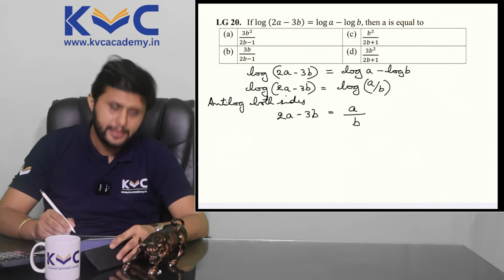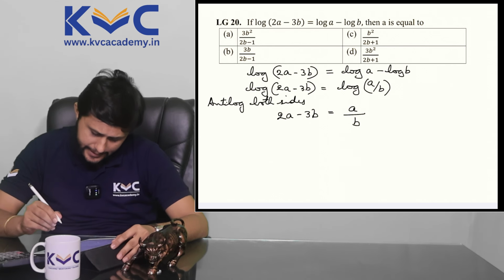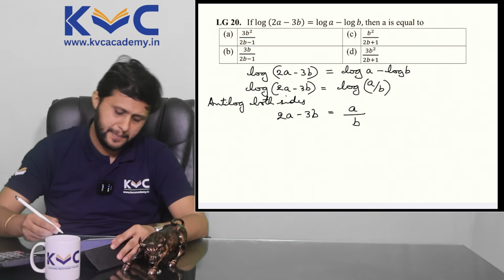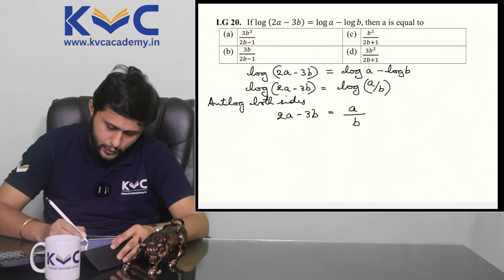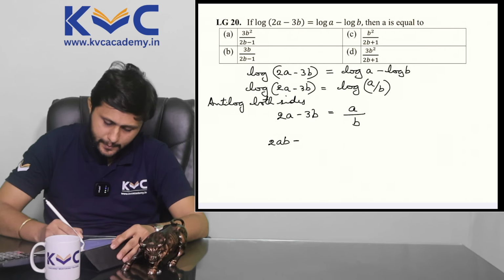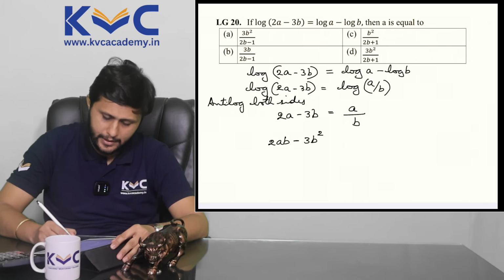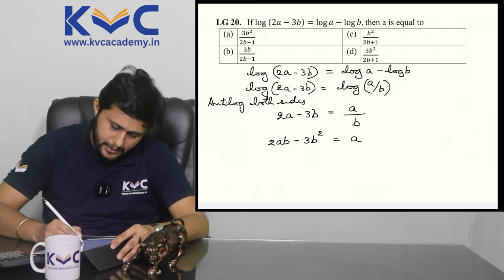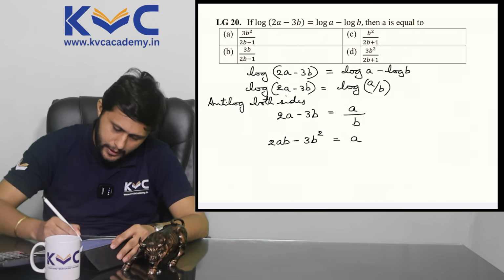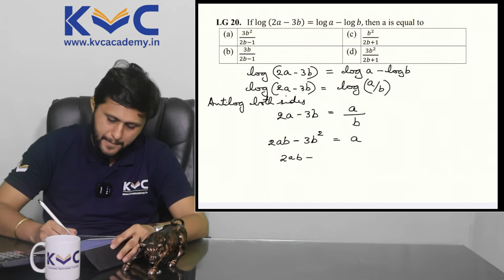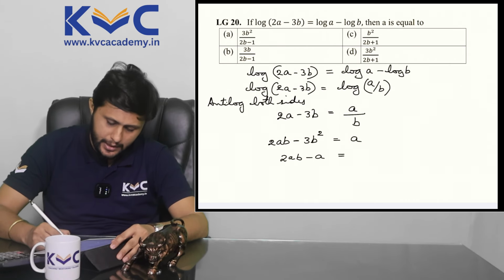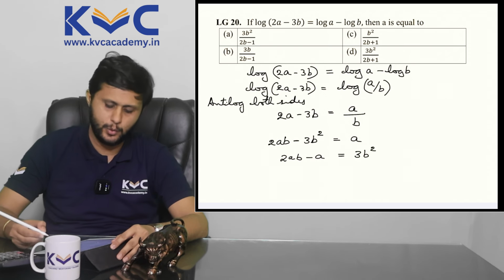We have to solve for a, so we'll get a on one side. But before that, we may have to cross multiply b to the left hand side. So we have 2ab minus 3b square equal to a. Get a on one side. We have 2ab minus a, when we brought it from right hand side to left hand side, equal to minus 3b square, which becomes 3b square, the minus sign goes off.